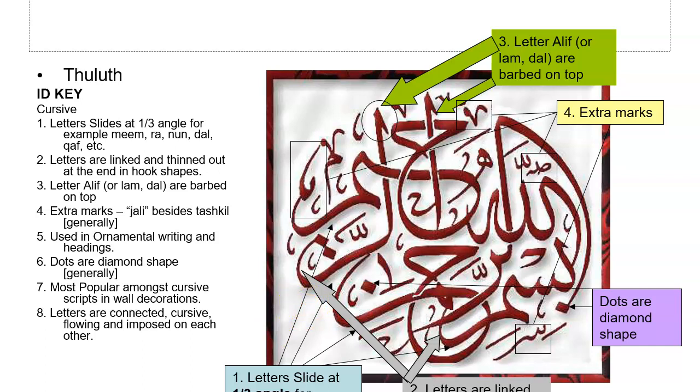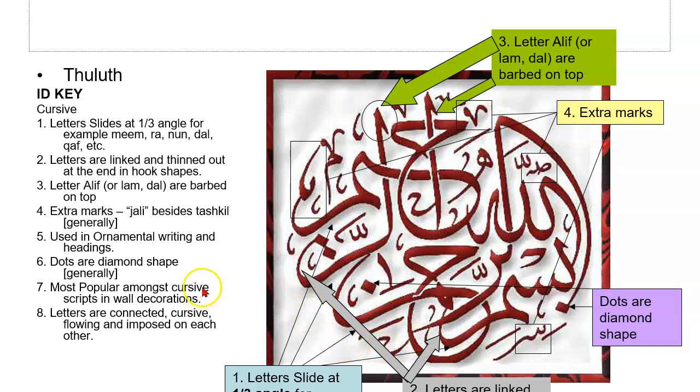So you would find the script on the Kiswa or Ghilaf Kaaba, the covering of the walls of the Kaaba. That's the script that is there. And because, again, this is one of the most beautiful scripts that you'll see out there in Arabic calligraphy, it represents the Arabic writing on the Kiswa for this reason as well.